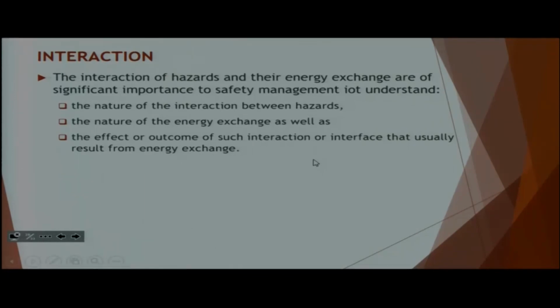The interactions of hazards and their energy exchange are of significant importance to safety management in order to understand the nature of the interaction between hazards, the nature of the energy exchange, as well as the effect or outcome of such interaction or interface that usually results from that energy exchange.